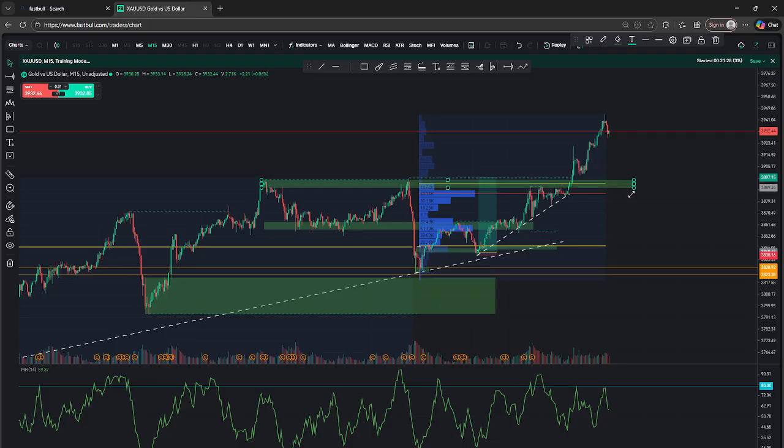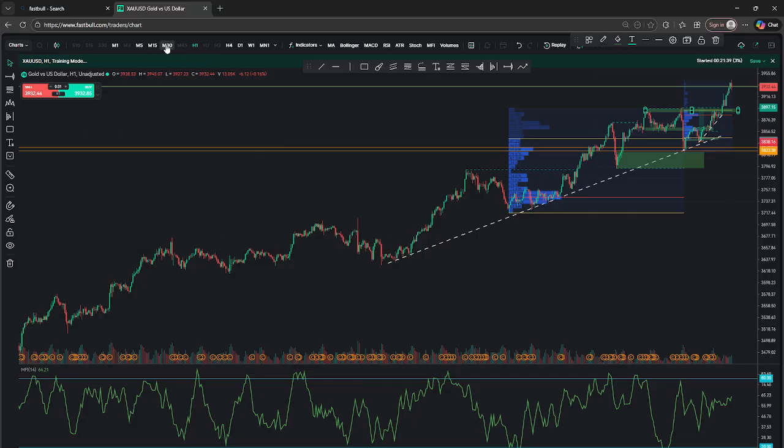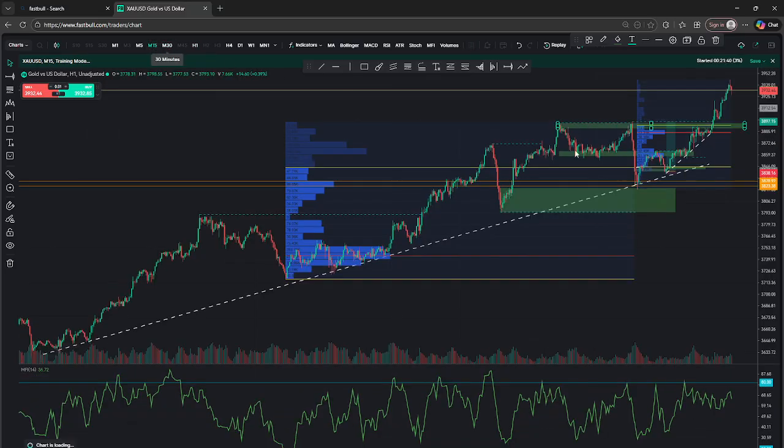I'm sure by the time the market goes back to this level, the 15 minutes will have relaxed, and the 30 minutes and the 1 hour.